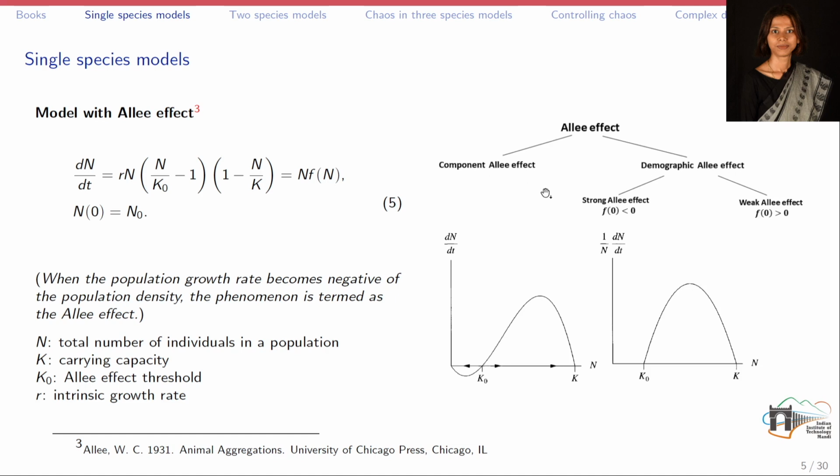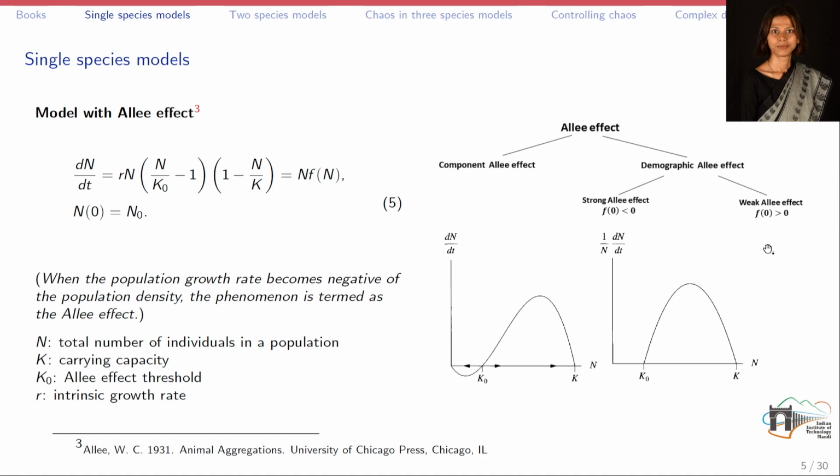Whereas when the overall fitness is affected due to the low population density, it is termed as demographic Allee effect. But it should be noted that component Allee effect need not always give rise to the demographic Allee effect. Now this demographic Allee effect can further be categorized into strong Allee effect and weak Allee effect.